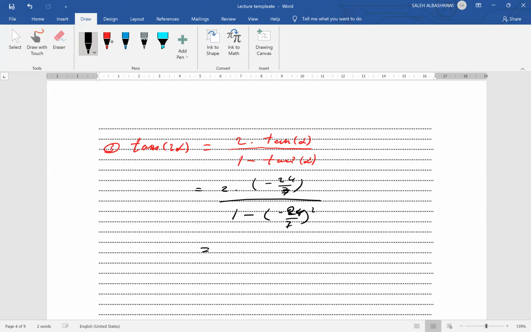This will give me minus 48 over 7 divided by 1 minus 576 over 49, which can be simplified more. So this is how to find tangent 2 alpha. So from the given information, tangent or sine and cosine, and the quadrant in which the terminal side of the given angle lies, we can find cosine 2 alpha, sine 2 alpha, and tangent 2 alpha.